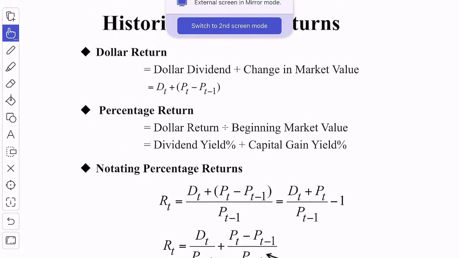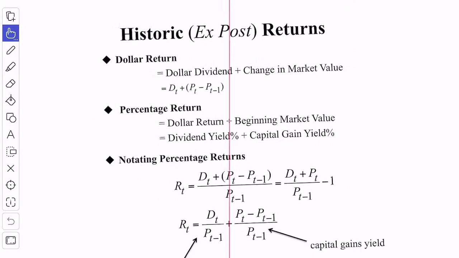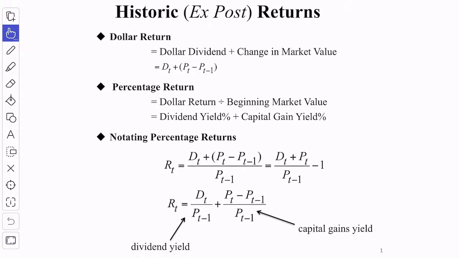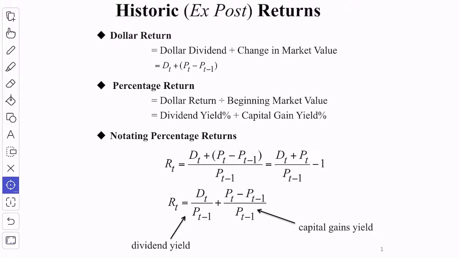So what we're going to talk about next are where those returns come from. I'm going to begin with, well, I think in this class I'm not going to show you how to derive ex-ante returns.